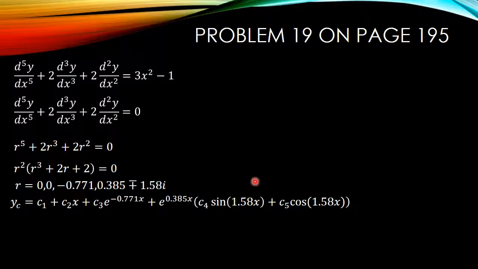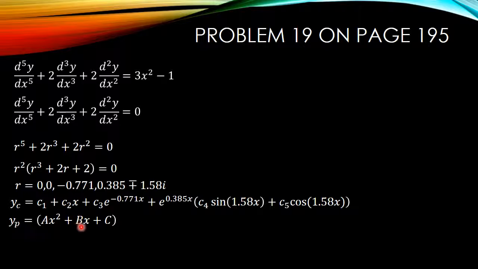So we need to predict a particular solution now for our guess. And if we look up here, f of x is a polynomial of second order. So I choose a general polynomial of second order. Down here is my first guess. Now when I check with my complementary solution, I have some solutions that appear in the complementary solution. I have a constant.